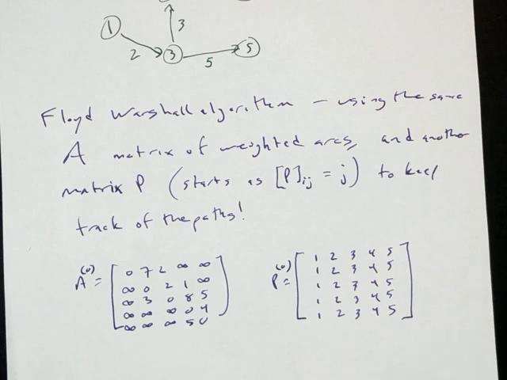If I find that there is a shorter path from vertex 1 to something other than directly listed here, I want to change A. And I want to change P to reflect, hey, you should go here first.